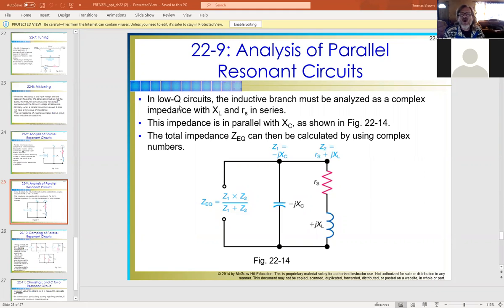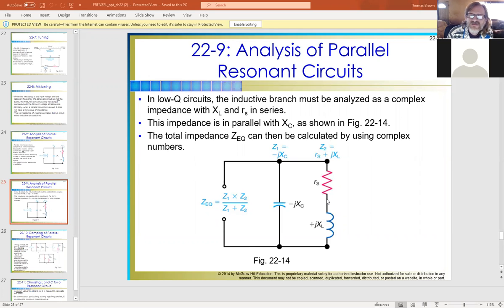So now in a low Q circuit, where we just happen to pick arbitrary elements for our components, not a great Q factor with them, there are a few things we'll have to take into effect here. Overall, we'll examine the circuit, come up with a Z equivalent, and establish what we are. In this case, our impedance in this leg is here, and our impedance in this leg is here.